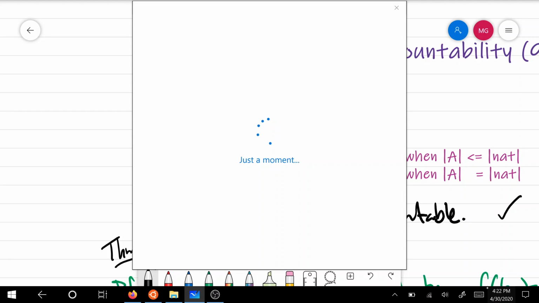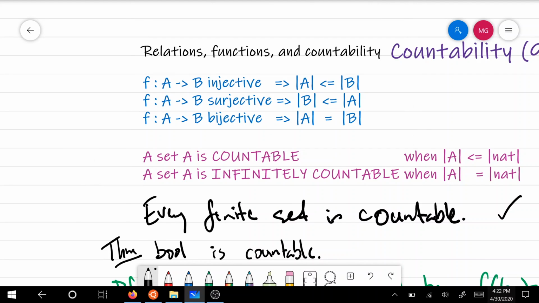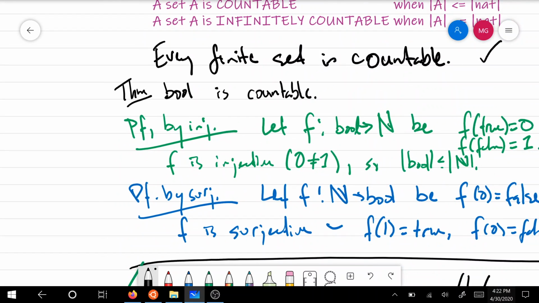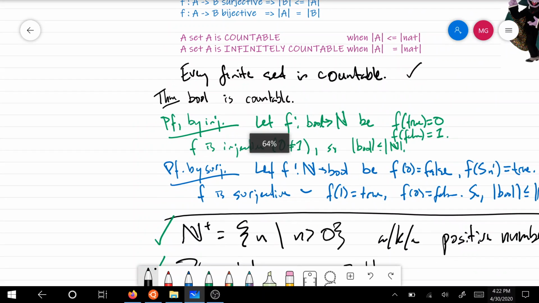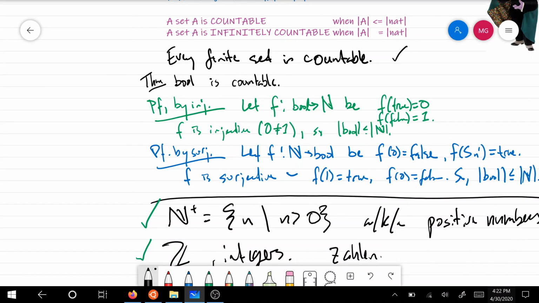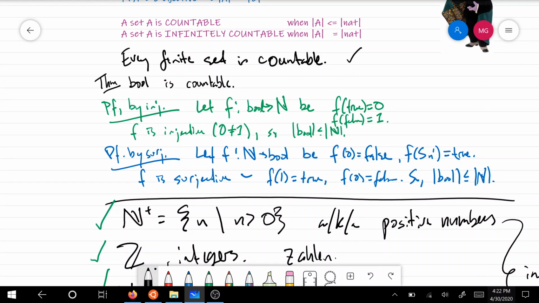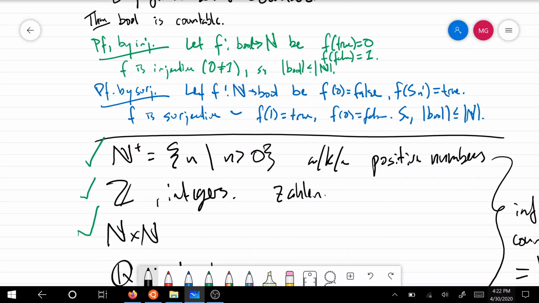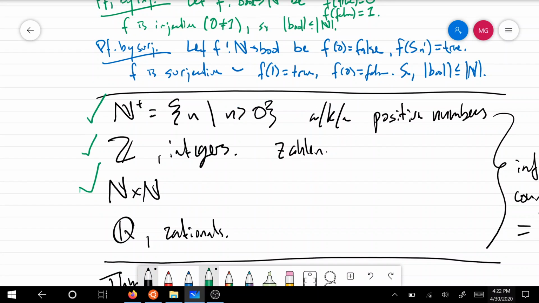To sum up, what have we learned? We defined countability as the relation of a set to the naturals. And then we saw four surprising facts. That the naturals are the same size as something smaller.